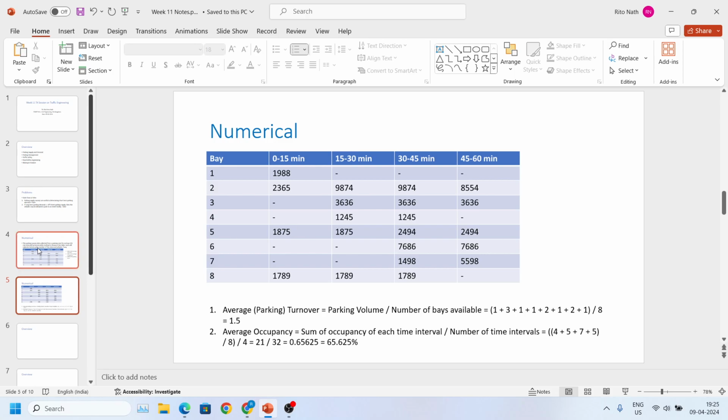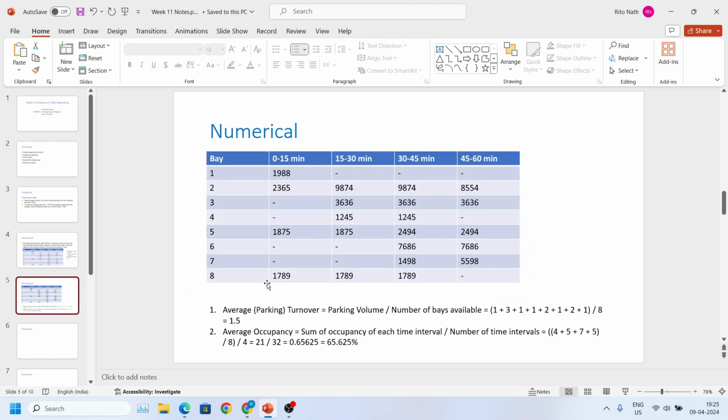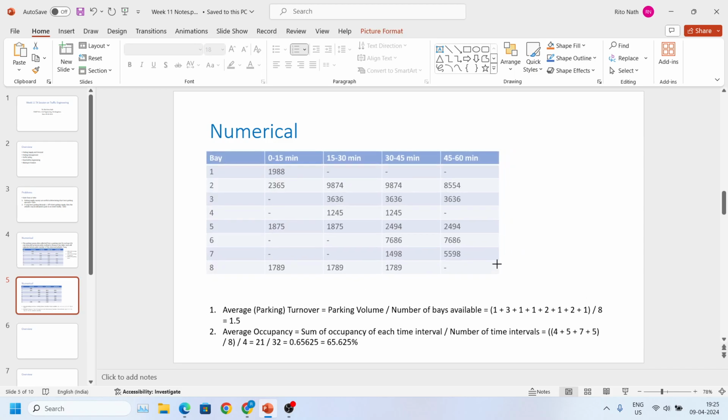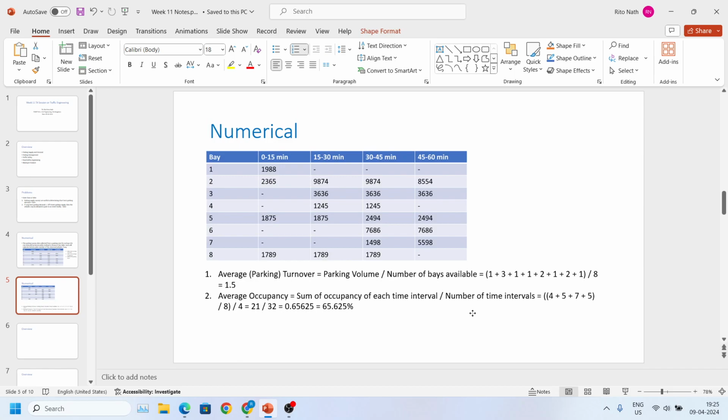Now there is one more thing that you have to find, which is the parking load. For parking load, the formula is again straightforward, which is I think given in the slides itself.